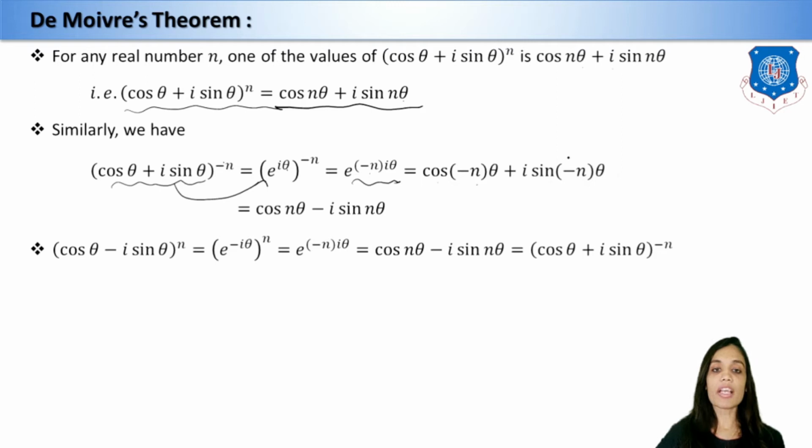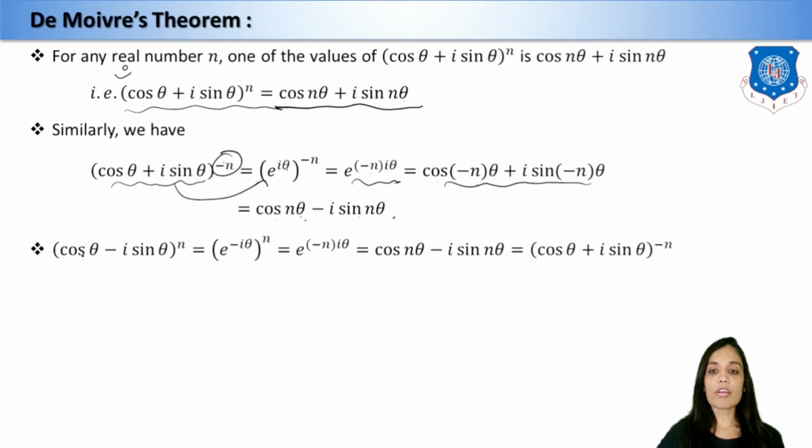But sin is an odd function and cos is an even function, so finally this can be written as cos n theta minus i sin n theta. From these two, we have derived that (cos theta plus i sin theta) whole raised to n is cos n theta plus i sin n theta, and if it is minus n, the formula will be cos n theta minus i sin n theta.